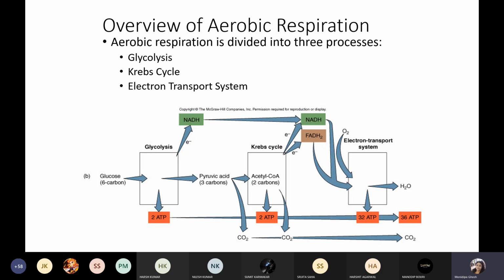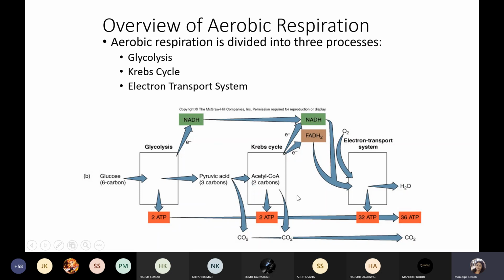These NADH just transport the electrons to the electron transport system. You just see, in the last step it is the electron transport system. So from the second step to the last step, electrons which are produced as a byproduct are carried and invested in the last step, the electron transport system.